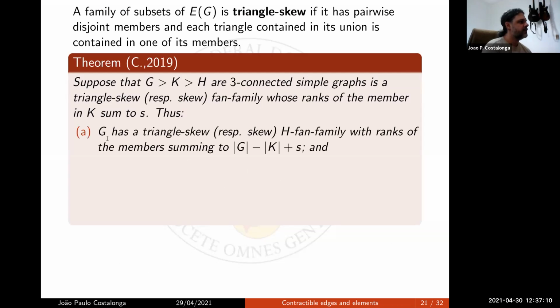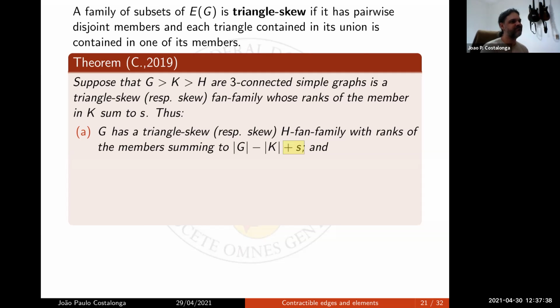We'll have that G has a triangle skew H fan family with ranks of the members summing to this number, and respectively skew. So if you have two graphs where the thing starts better than the theorems, it keeps getting better with the same difference.